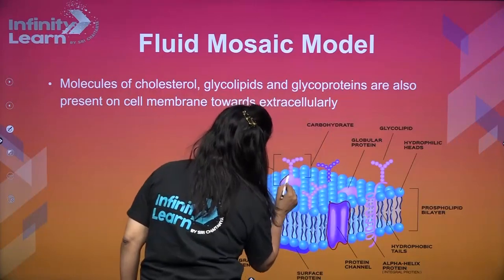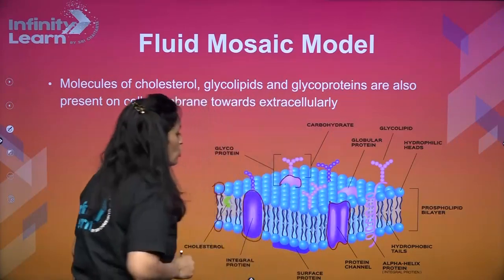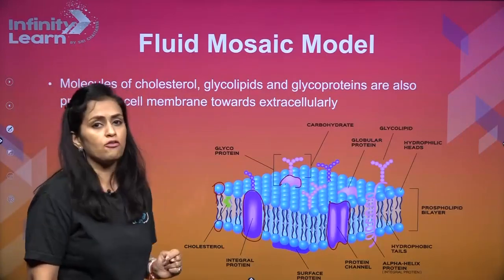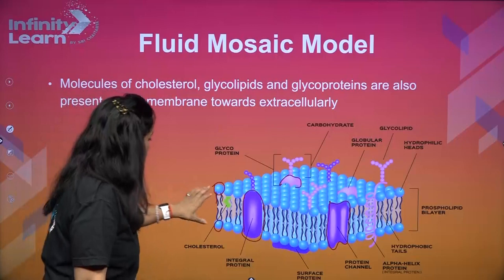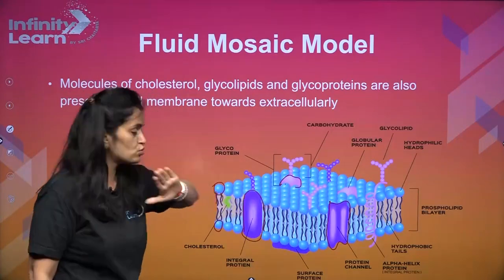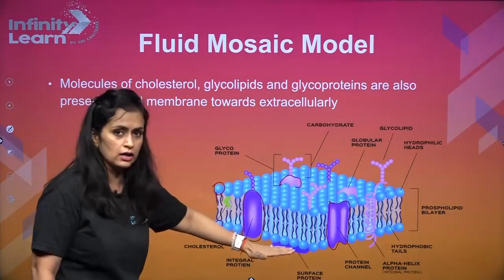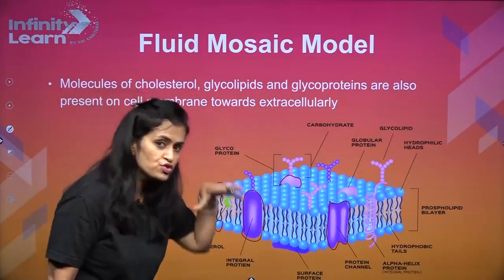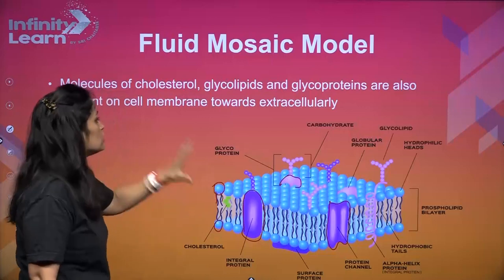This pink color molecules over here are also proteins. What are we talking about? We are talking about the structure of the plasma membrane. So this base we have understood is made up of a lipid bilayer, and the mosaic pattern is due to these proteins.